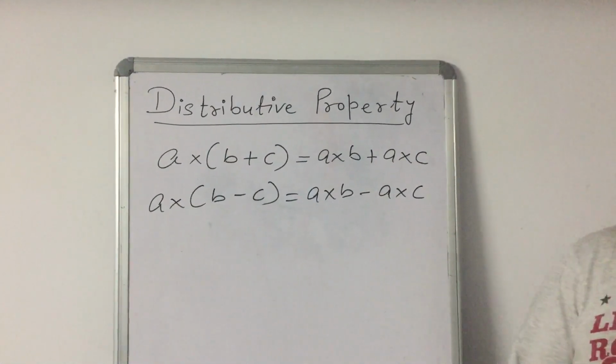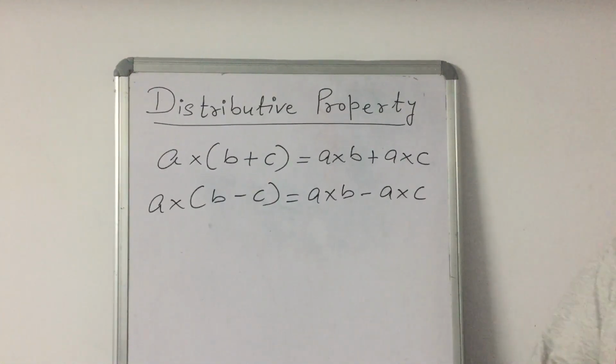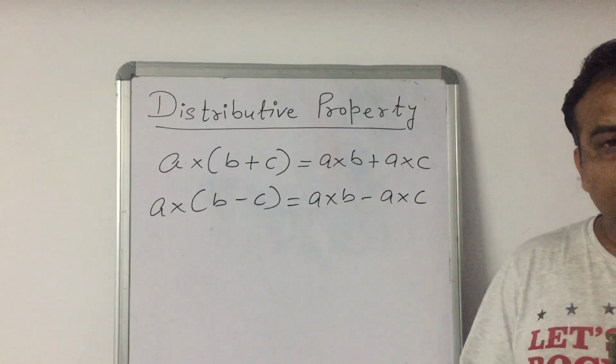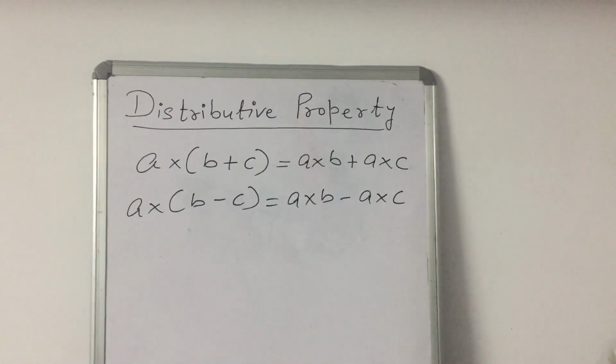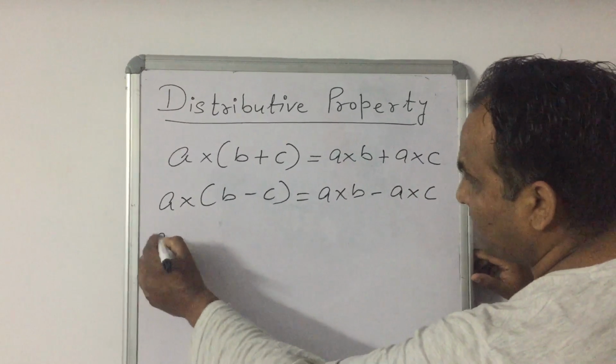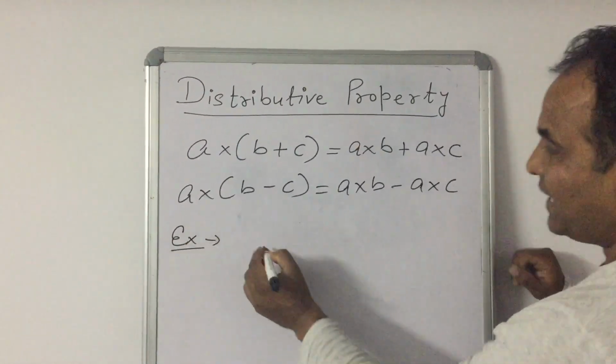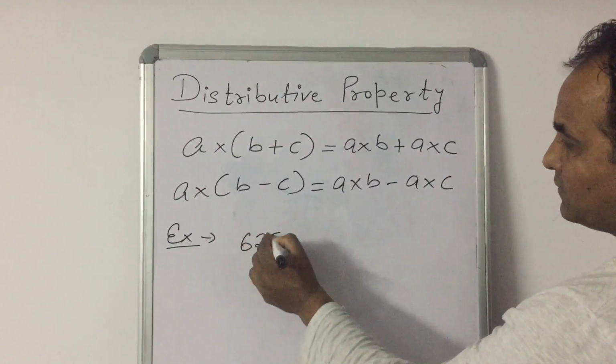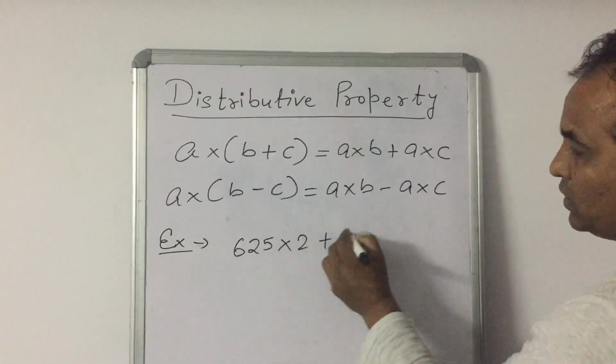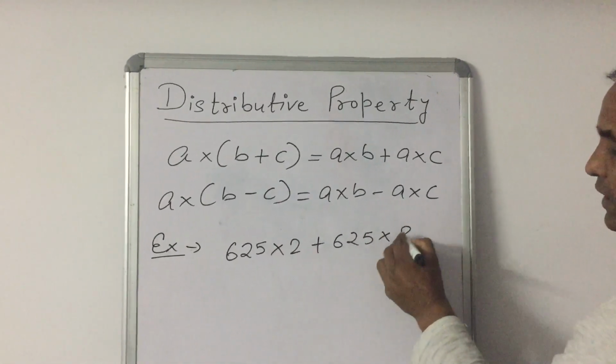The utility of this distributive property in rational numbers or integers is that it simplifies complex products. For example, we have to find 625 into 2 plus 625 into 8.